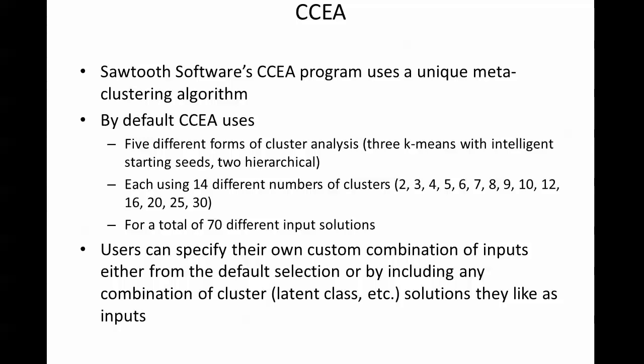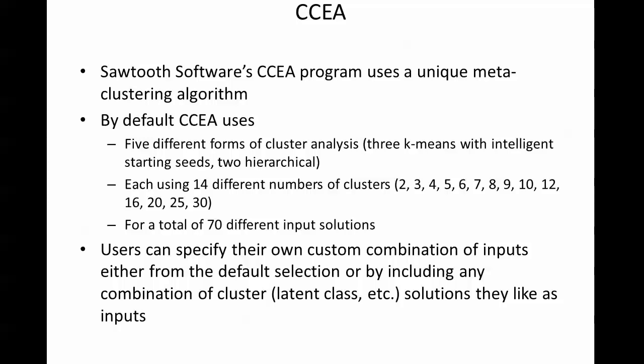And for each of those, the program runs 14 different solutions, one with 2 segments, one at 3 segments, and so on all the way up to 30 segments. And that provides a total of 70 input segmentation solutions.